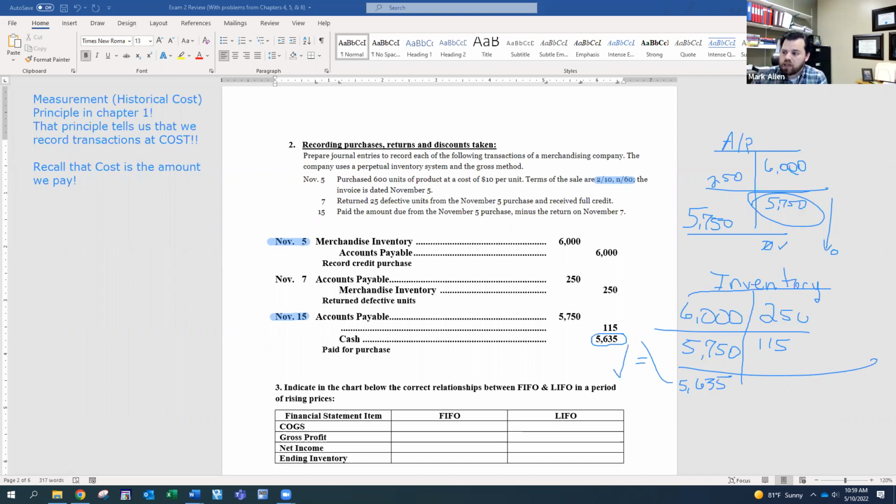This is properly done and follows GAAP. So now we're going to come in and credit that merchandise inventory account for $115. That'll bring that inventory account balance down to $56.35, which is the cost of what we paid. And so now we are good to go.